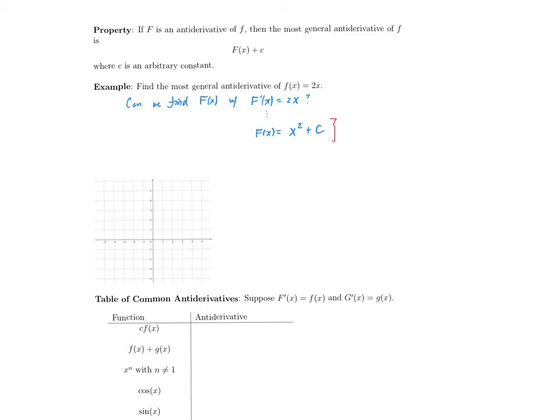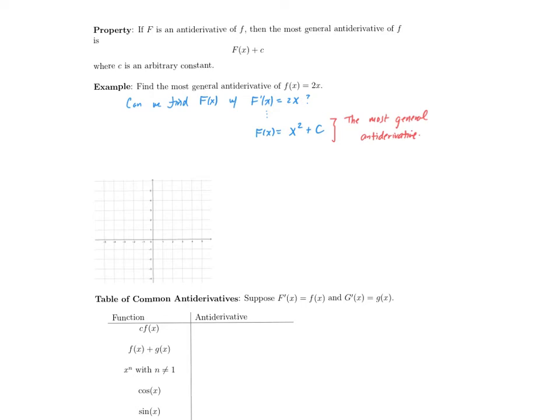So this is the most general antiderivative. And from here on out, whenever we're referring to antiderivatives, it will always be assumed that we want this most general antiderivative, so the plus c should be included every time we antidifferentiate.